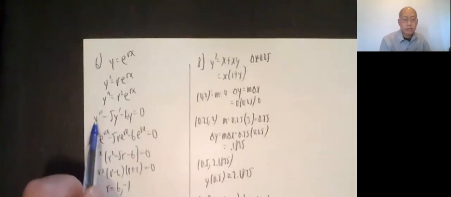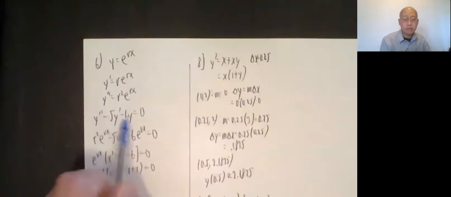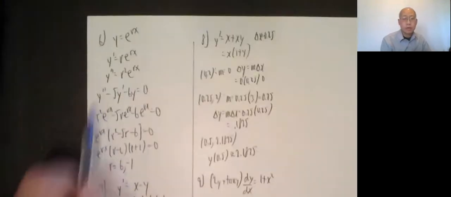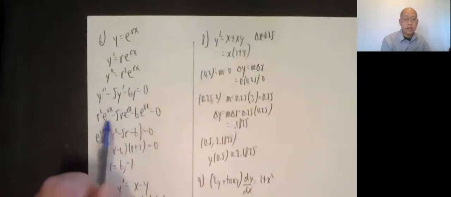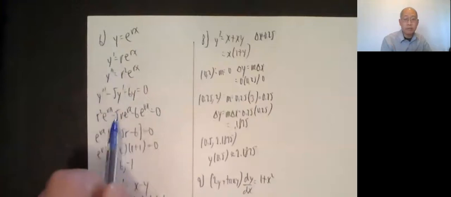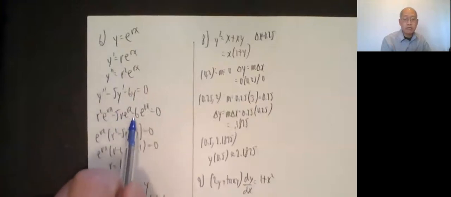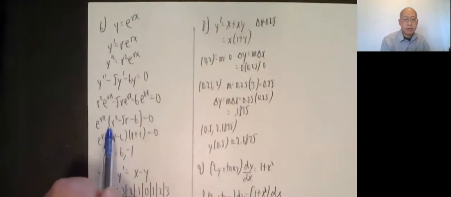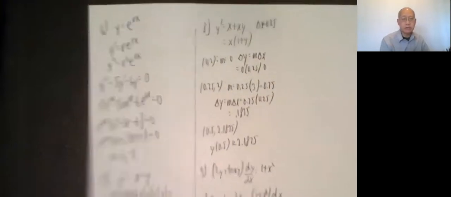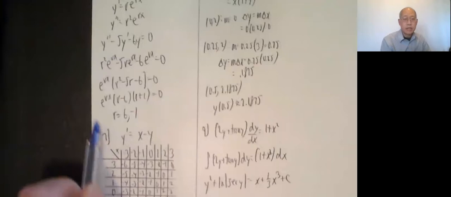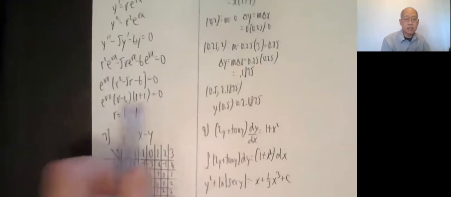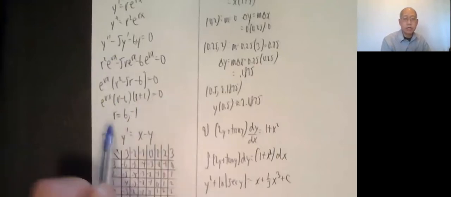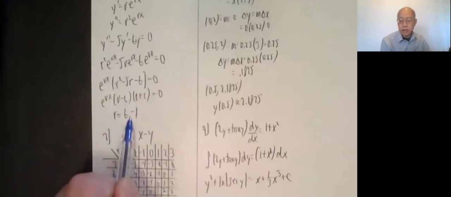So we have y double prime minus 5y prime minus 6y equals 0. y double prime is r squared e to the rx, minus 5 times y prime, so r e to the rx, minus 6y, e to the rx, equals 0. Factor out e to the rx: r squared minus 5r minus 6. e to the rx times, factoring, r minus 6, r plus 1 equals 0. So r is equal to 6 or negative 1.